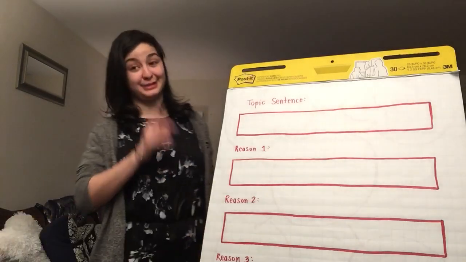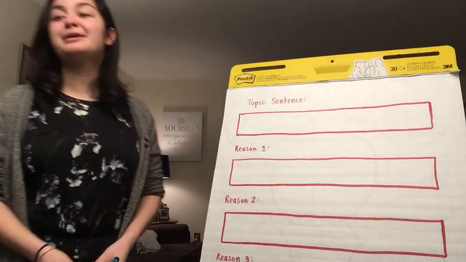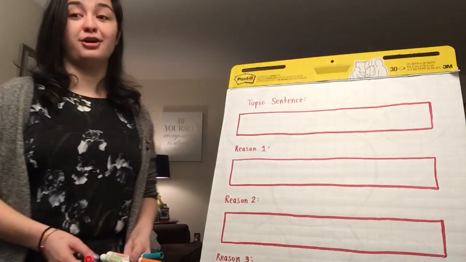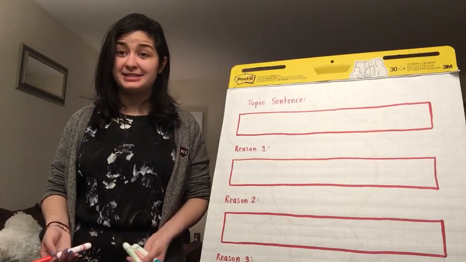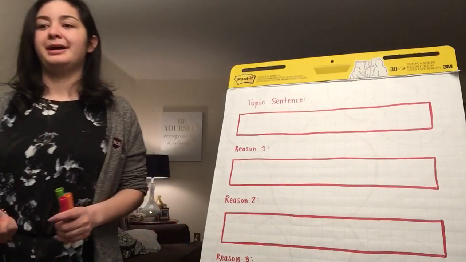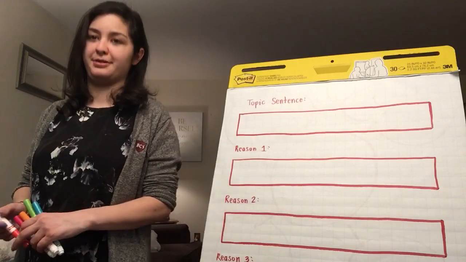I may not have been able to hear them, but I know that there were some great answers shared. So writing a plan is important because it helps us stay organized. It helps us have a strong argument, and it helps us with our reasons. It helps us basically be clear, and it helps drive our writing forward.